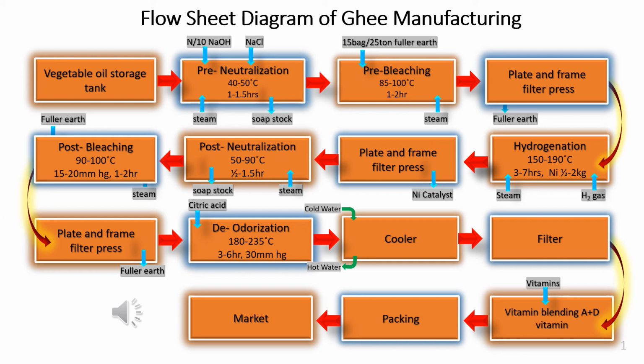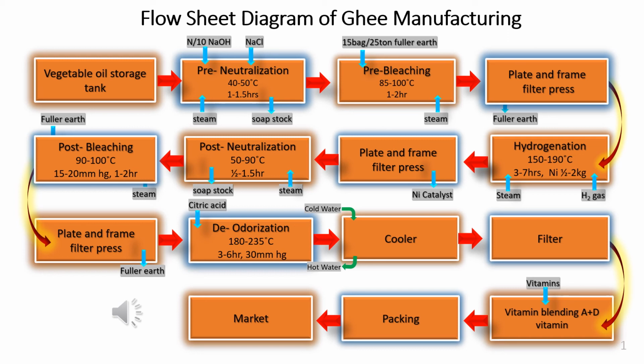So in this section, we provide some cooling treatment to the oil. After the cooling treatment, it goes towards the filter. Here we filter the oil and remove the impurities from the oil. Now our oil is filtered in the filter section.